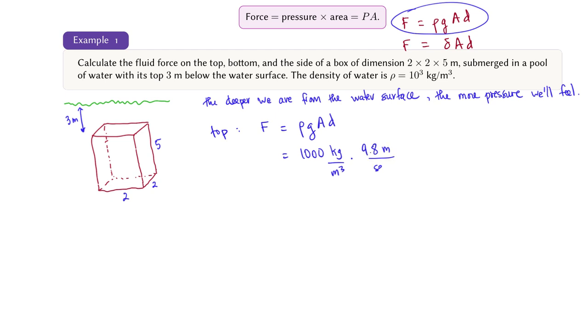G is the gravity, 9.8 meters per second squared. The area is the area of the surface, which is 2 by 2. The depth is 3 meters from the water surface.